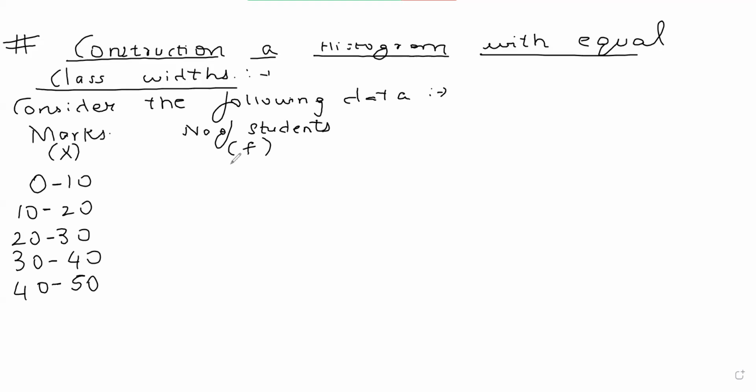And the number of students are, let's say, hypothetically 5, 10, 15, 20, 25. So my sum of all the frequencies is how much? You can add them up. 75.